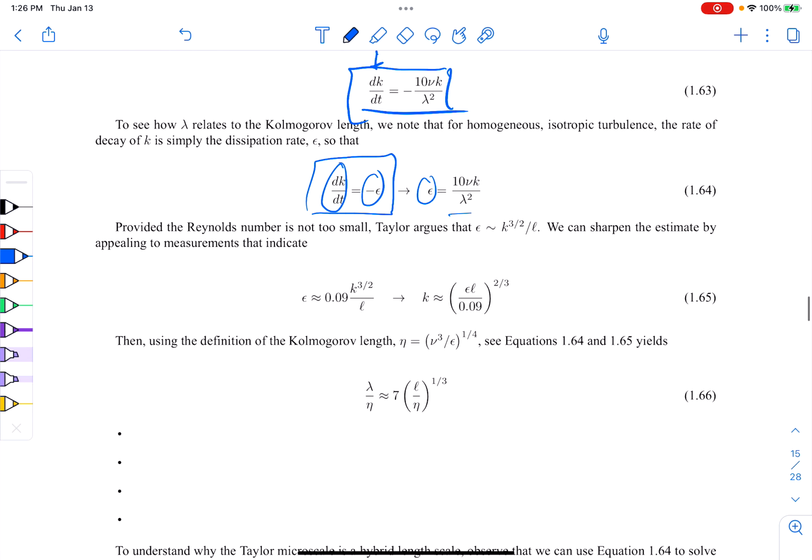What do we get? Well, if we have a very large Reynolds number, like millions or preferably larger, then in the same paper, Taylor shows that the dissipation goes as k to the 3/2 over the integral scale. This is just a dimensional argument. That's all it is. He just knows the dimensions of dissipation, the dimensions of turbulent kinetic energy, and divides by the length scale, so you get the dimensions of epsilon.